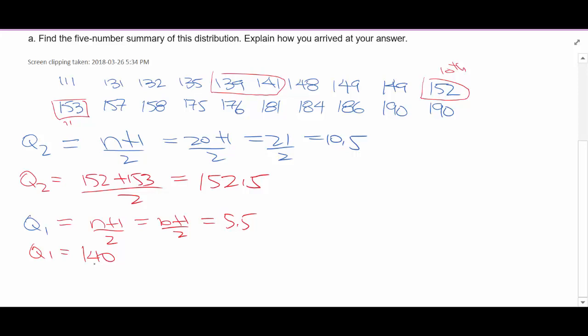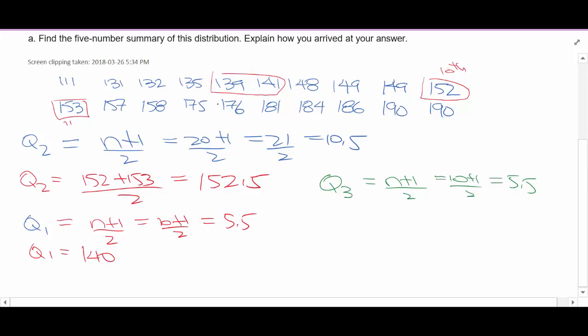Now I've got to find Q3. Well, Q3 is going to be the median of the upper terms. Well, what do we got? We got 10 terms, so Q3 is going to be equal to n plus 1 over 2, which is 10 plus 1 over 2, which is 5.5. So starting here, find the fifth term: 1, 2, 3, 4, 5.